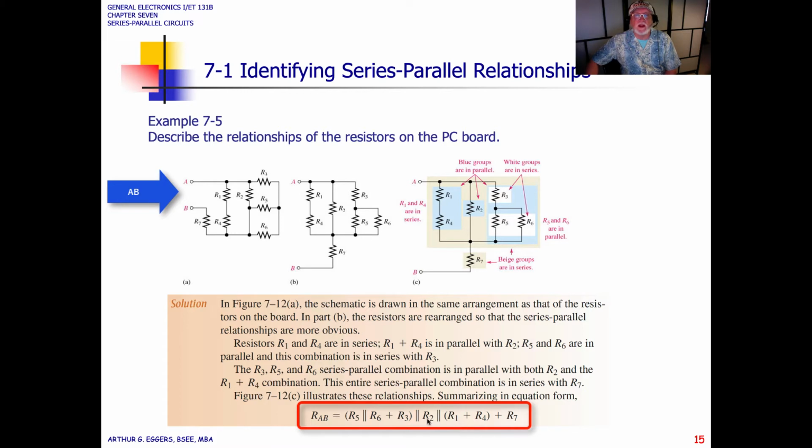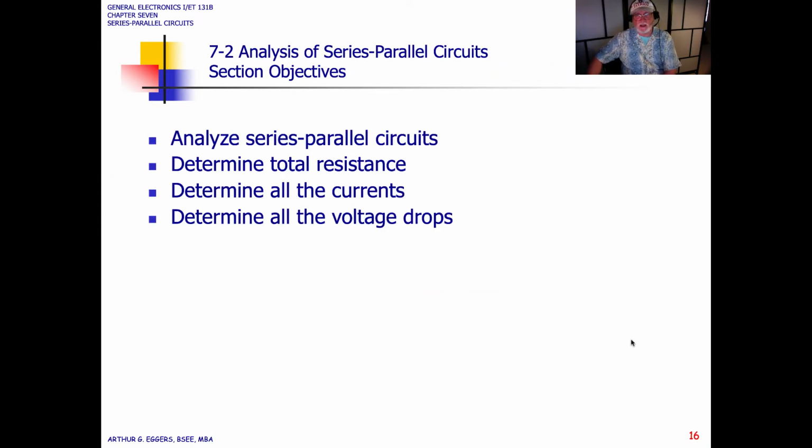And then R2 is in parallel with R1 and R4. We see that over here. And everything else then is in series with R7. So by doing that, we've simplified the look and functionality of the PC board as it relates to a schematic diagram that's easier to analyze.